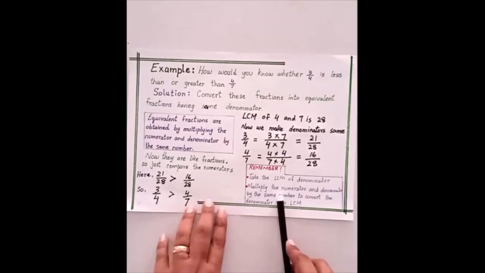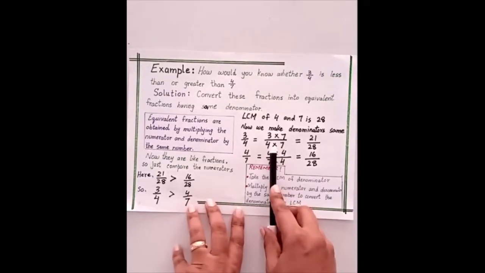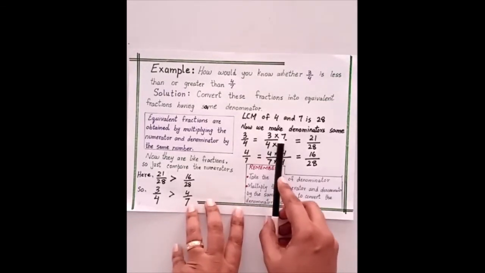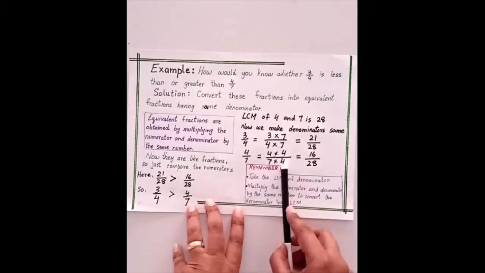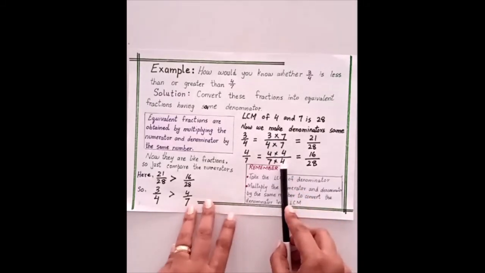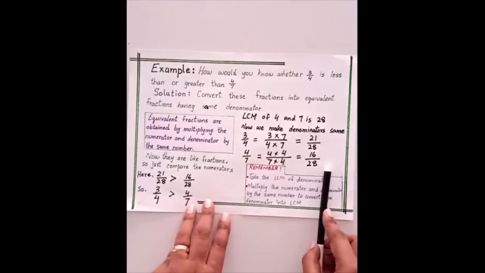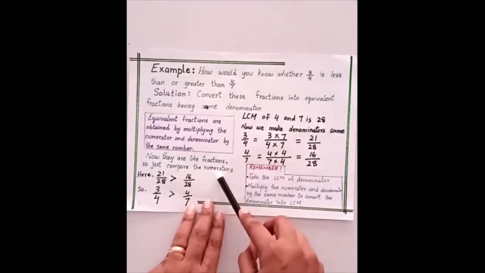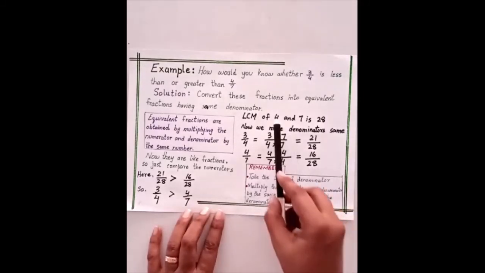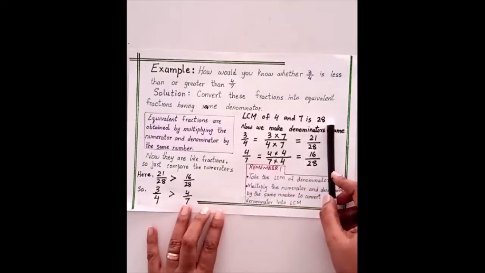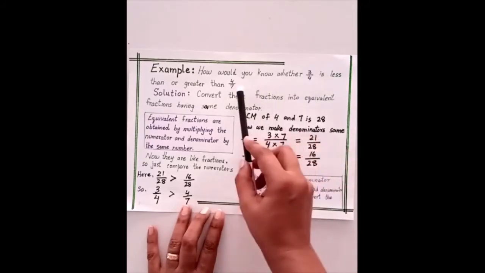First, we will see the equivalent fractions, which are obtained by multiplying the numerator and denominator by the same number. And then, when they become like fractions, we will compare the numerators. First, take the LCM of denominators 4 and 7.